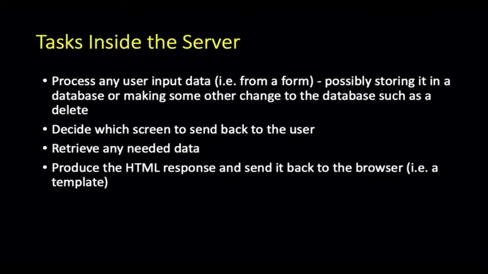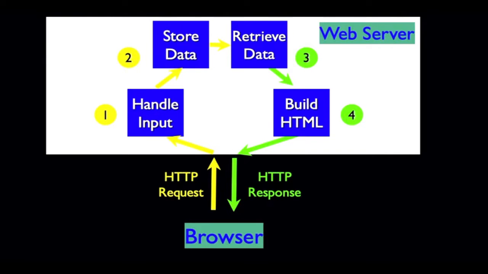What page to show next? Maybe we show them a thank you page, or maybe we send them back to the top page of the application. And once we know what page we're going to send back, that page has some data that we might have to pull from the database. So we retrieve that using the model, and then we produce, perhaps using a template, some HTML response, and then put it back.